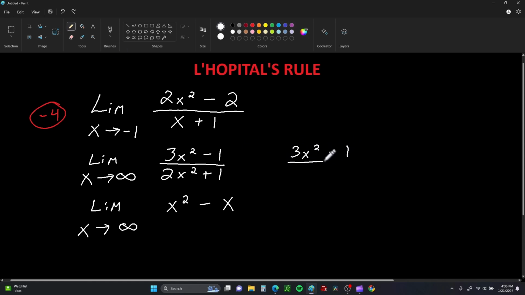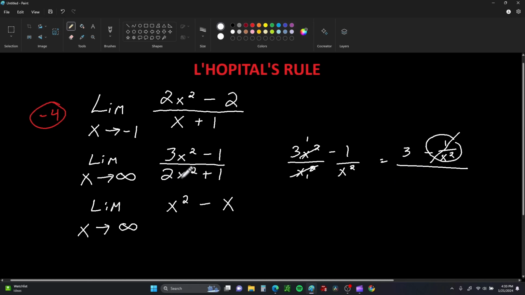And if I divide both terms by x squared, what I would get is 3 on its own, because this is both going to be 1 and 1. So I would get 3 on its own. And then the minus 1 over x squared, as x approaches infinity, this would go to 0 and would drop out. And in the denominator, I would do the same thing.